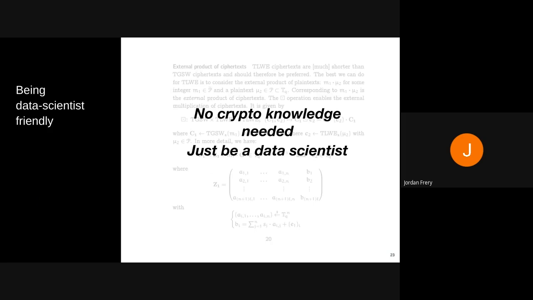This library has been designed so that people with absolutely no crypto knowledge could actually use it. The only thing you need to know is that you have to create keys, but basically training the model and deploying would be very simple here.